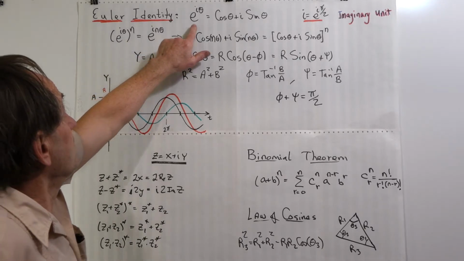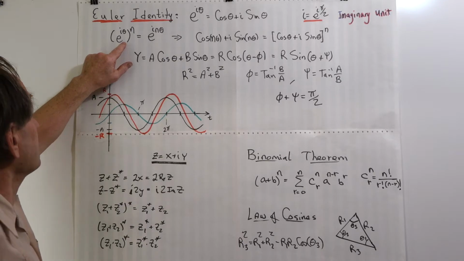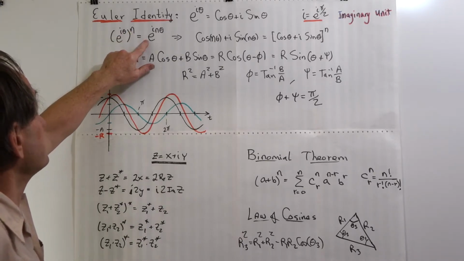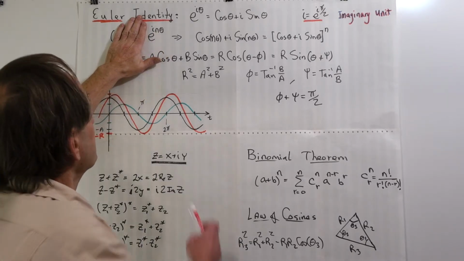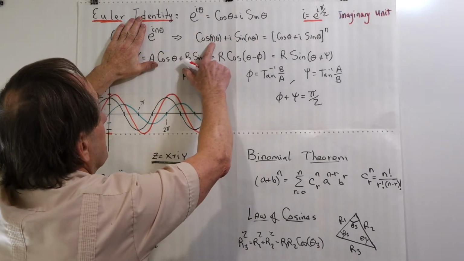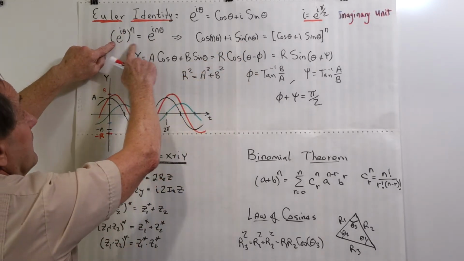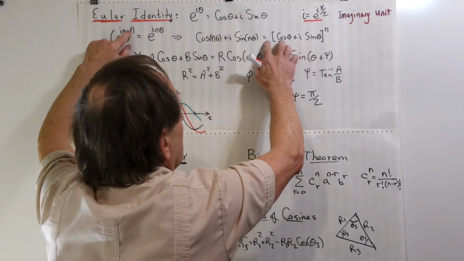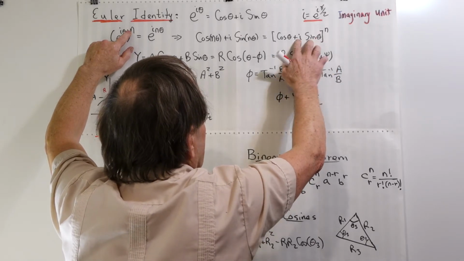Now, using Euler's identity and properties of exponentials, we have e to the I theta raised to the n power is e to the I n theta. And this portion, using Euler's identity, substituting in n theta for theta, we get cosine n theta plus I sine n theta. And then e to the I theta is this portion. We can raise it to the n power. So we have an expansion that we can do using the binomial theorem.